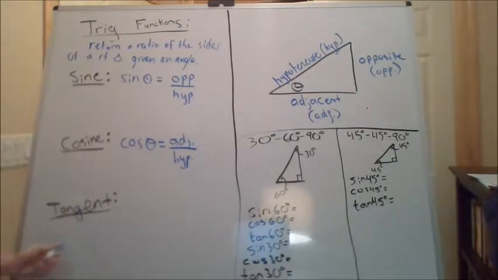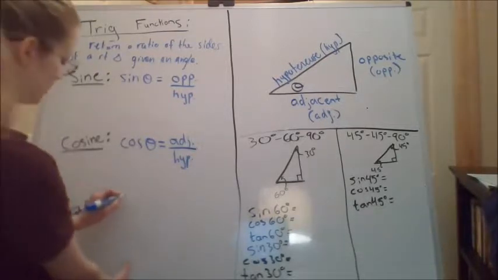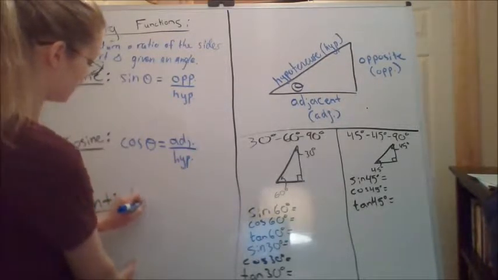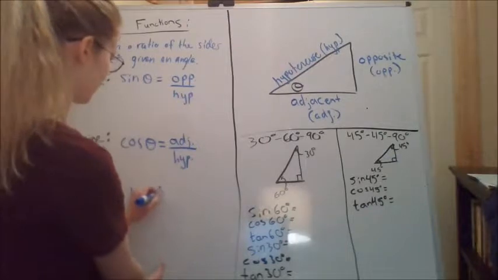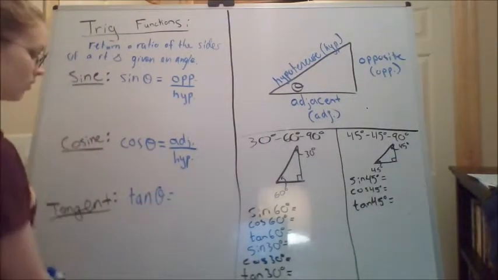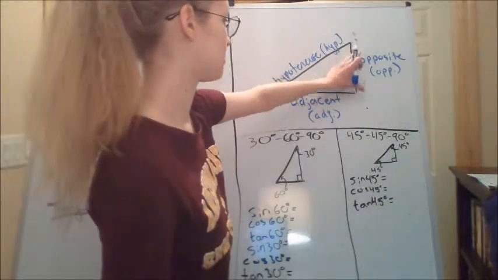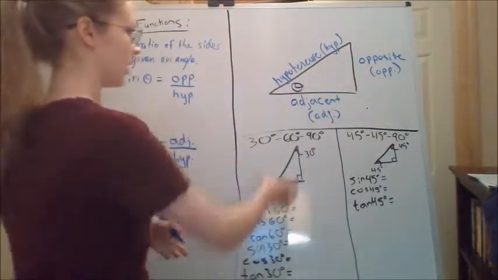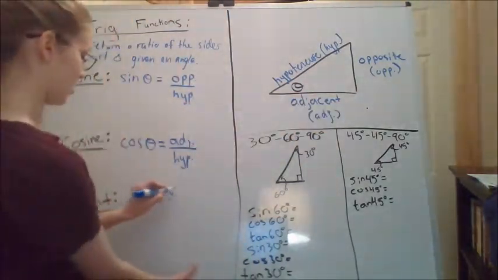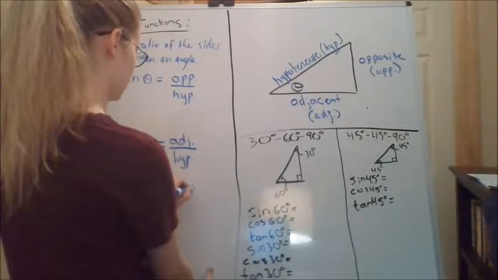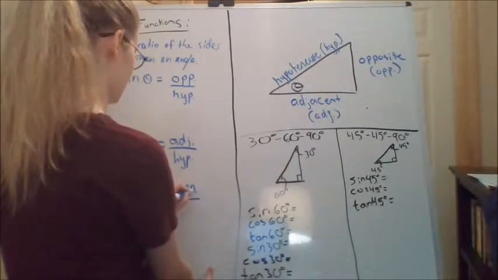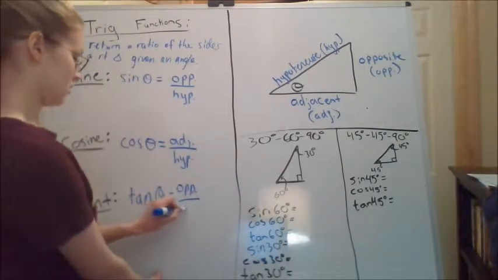Lastly, we have tangent, abbreviated tan. Tangent of theta is going to equal the length of our opposite side divided by the length of our adjacent side. So opposite divided by adjacent.